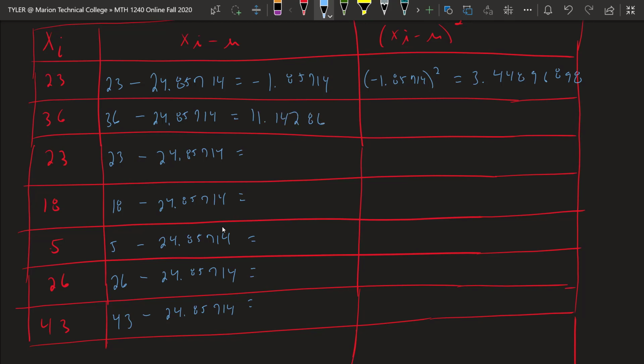11.14286. Right? So then for the next column, you're going to take that value, 11.14286. We're going to square it, and you should get 124.163329. Right? And then the 23, so we already did that here in this column, right?